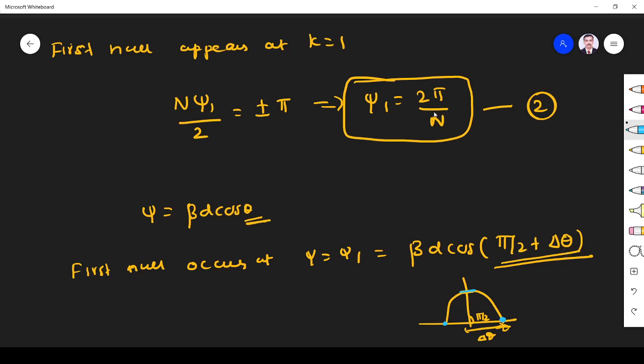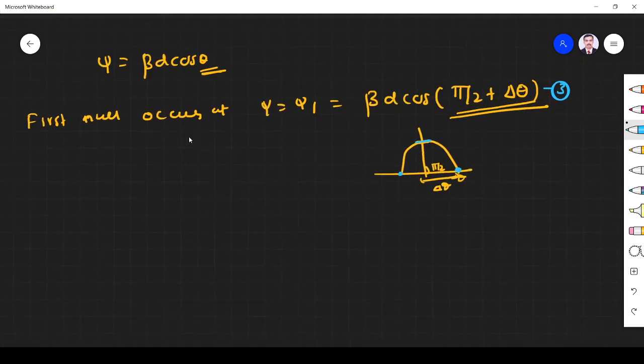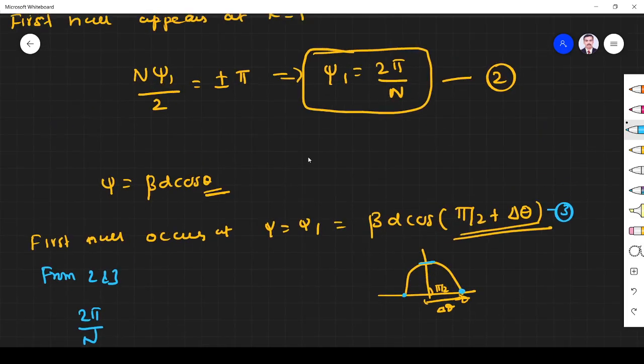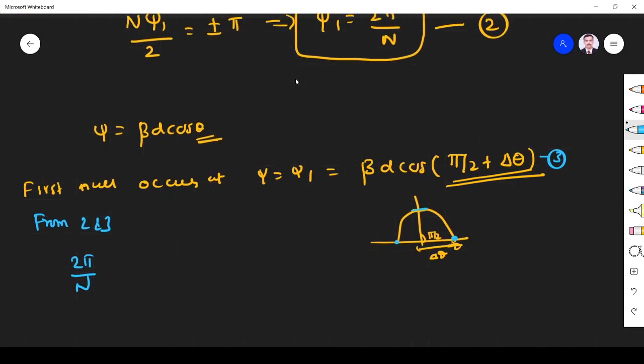This is the location of first null, so 2 and 3 are the same. Equate 2 and 3, because 3 is also talking about the first null and 2 is giving the value of the first null. So 2 pi by n is equal to beta d cos of pi by 2 plus del theta.